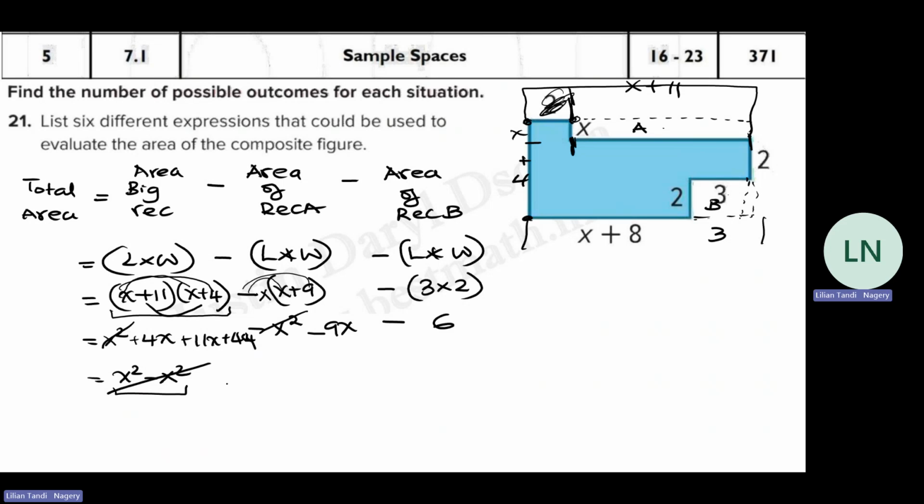So now I have positive 15x, because 4x plus 11x minus 9x, plus 44 minus 6. Okay, I do that.